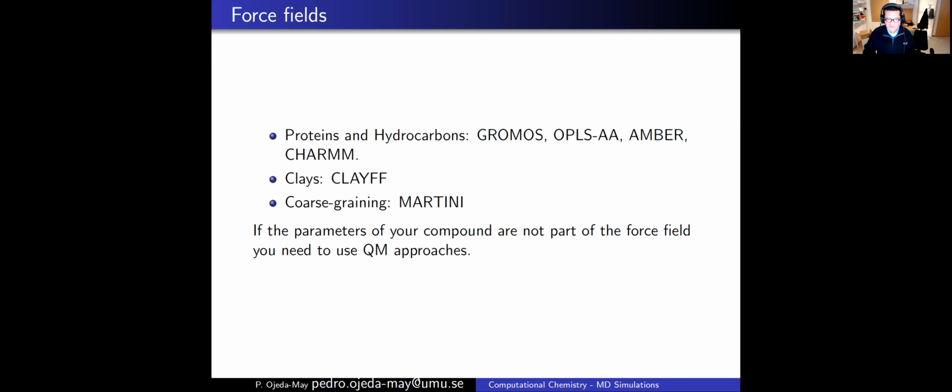Dealing with a force field parameterization, it's kind of an art. It takes time. It's not sometimes easy to do and to validate. But if you have a system for which the parameters have been already tested, then you can go and use it.